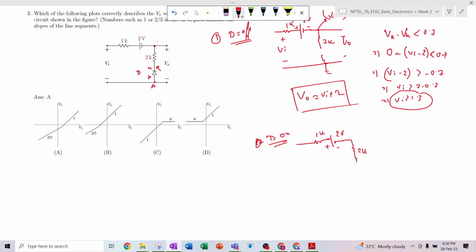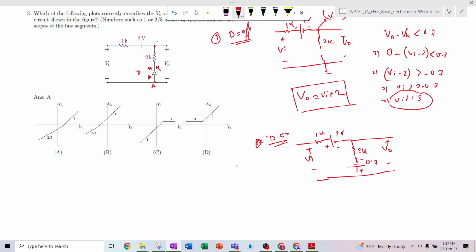And this terminal, anode terminal, is positive, P, and this is N, right? So this thing will become positive and this will become negative. So this is plus, this is minus, this is 0.7 volt. This is VO and this is VI.